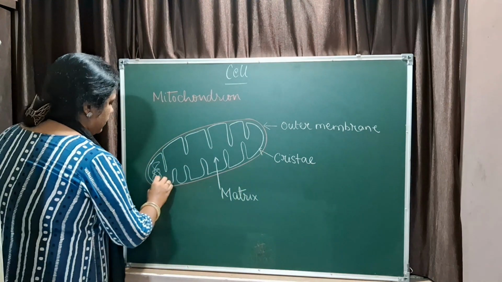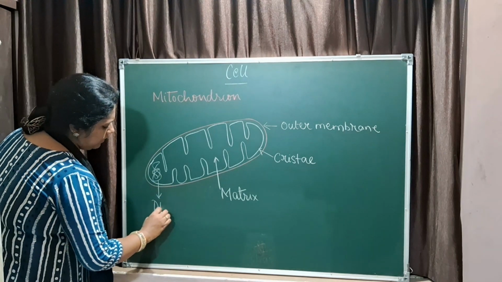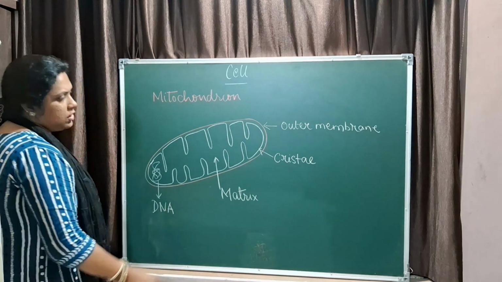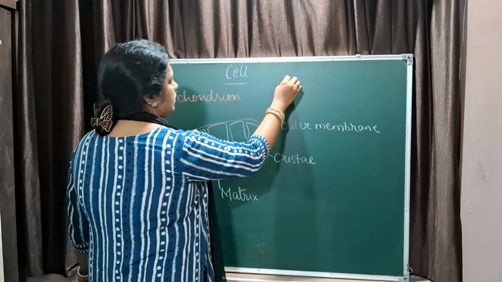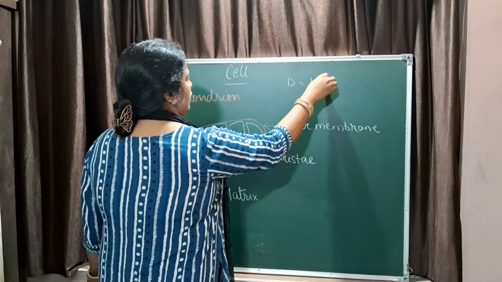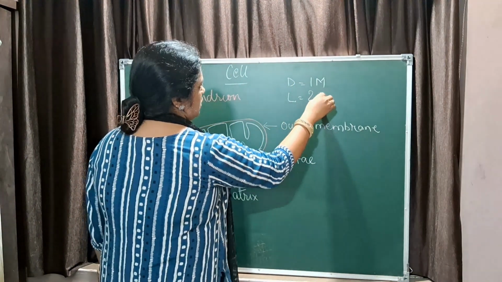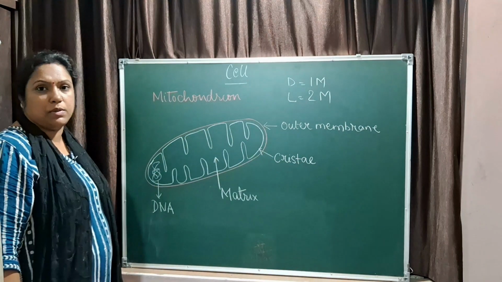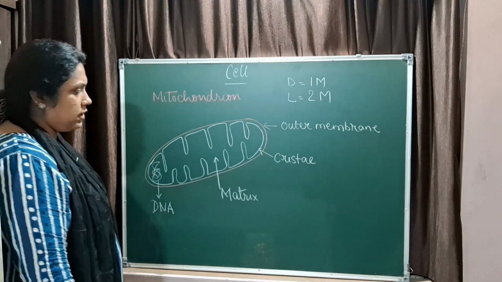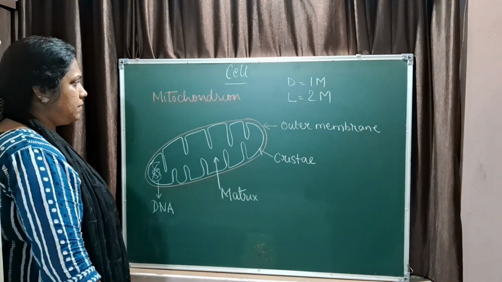And here it has its own DNA. This is your diagram. For diagram you have 1 mark and for the label you have 2 marks. So 2 correct labels you get 2 marks. Is this clear? You can take a screenshot of the diagram.